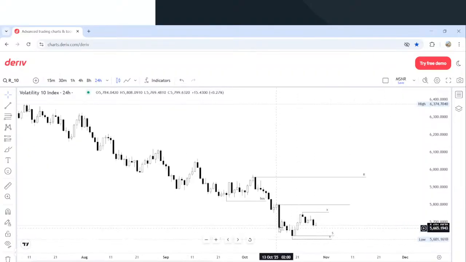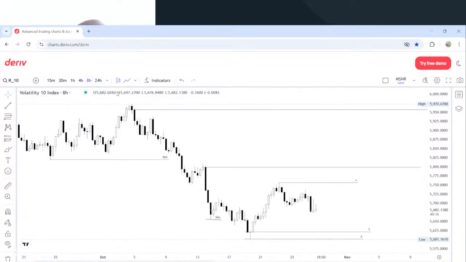This point is where there is a break of structure, and then I have my daily support. All right, let's check it clear on the 8-hour time frame. Okay, this is my daily support. There is liquidity over there. All right, let me fix this. There is my break of structure.